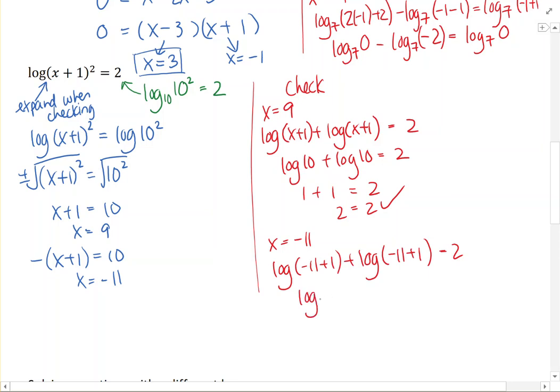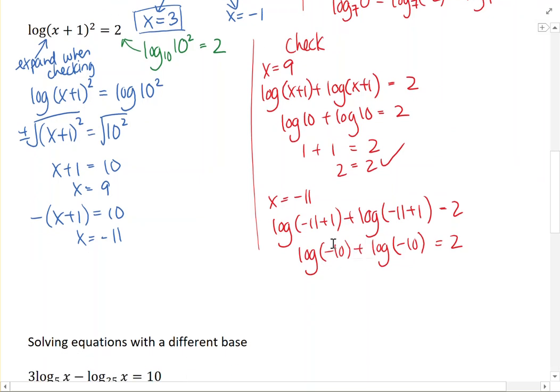And if you simplify that, we have log negative 10 plus log negative 10 equals 2. At this point, we can stop because we can see our log is giving us a negative number. It's just not going to work out. Nope. Therefore, our only solution here is x equals 9, and we'll put a box around that.